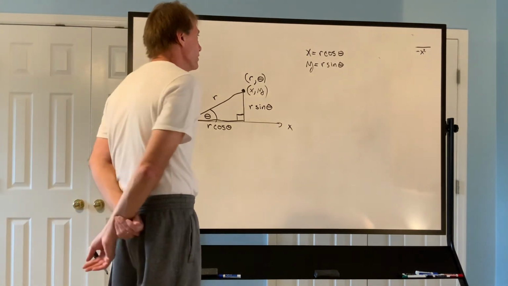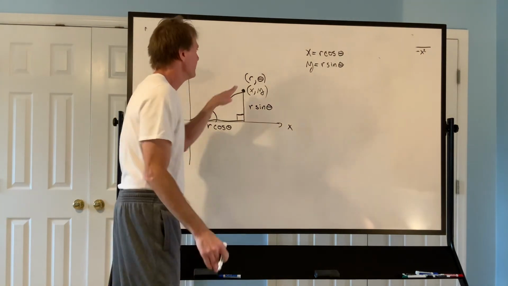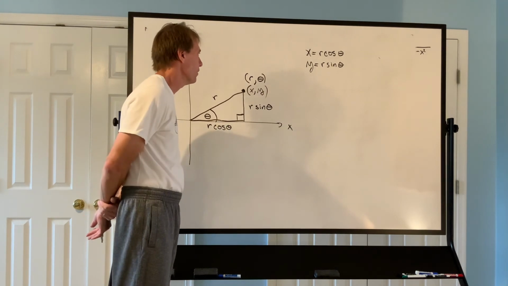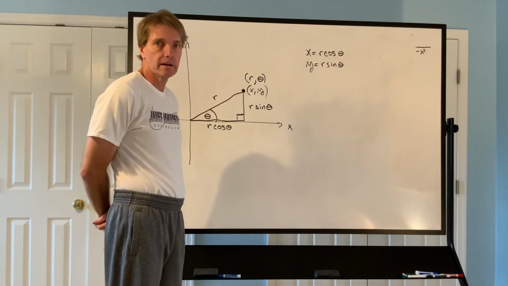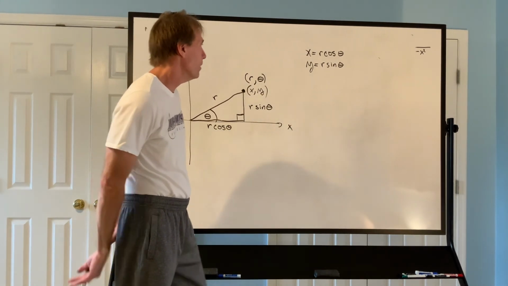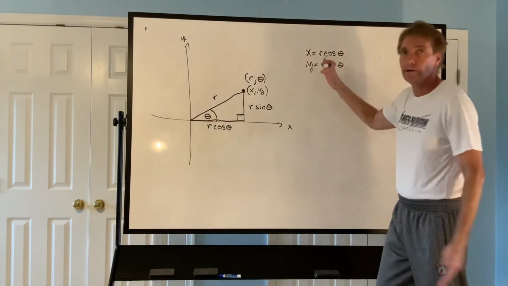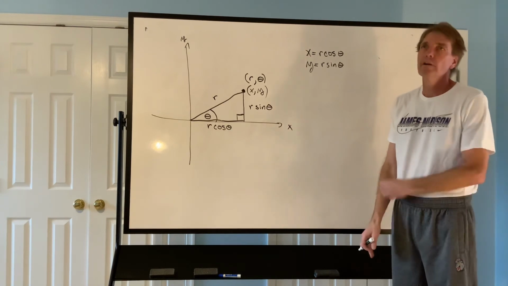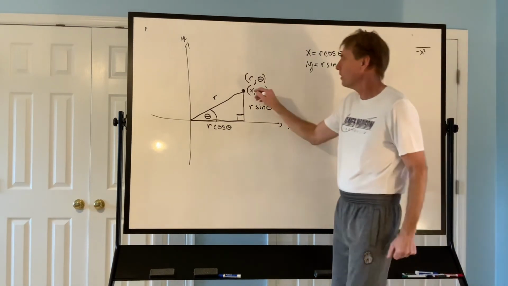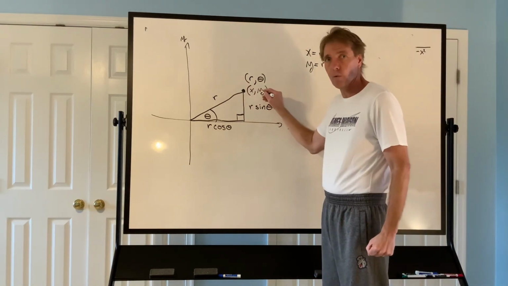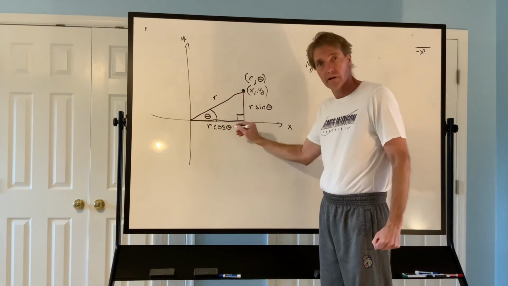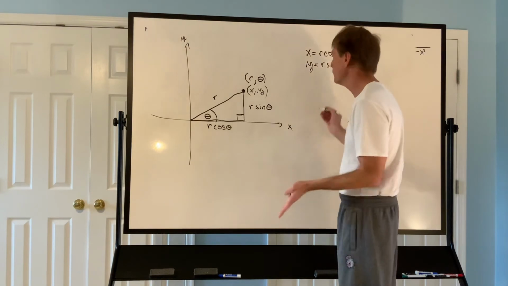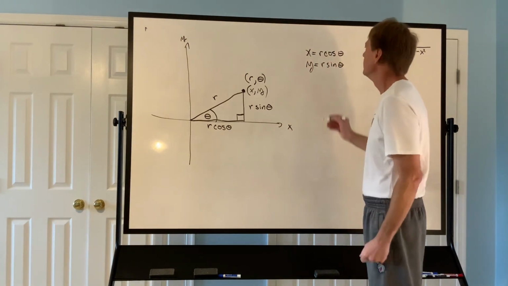Now, what if I'm given a radius and an angle theta, and I want to get an x and a y? You can easily go between the two. What if you're given a Cartesian point and you want to find the radius and the angle?